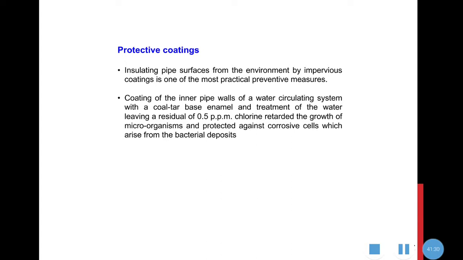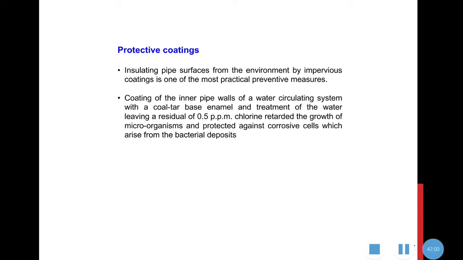Insulating means coating, giving a protective coating on the pipeline surface, either the outer surface or the inner surface. Okay, coating of the inner pipe walls of a water circulating system with a coal tar-based enamel and treatment of the water leaving a residual of 0.5 ppm chloride retarded the growth of microorganism.